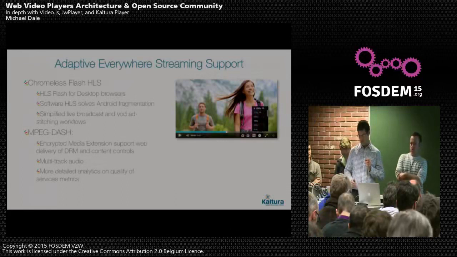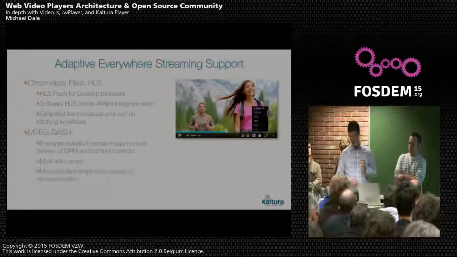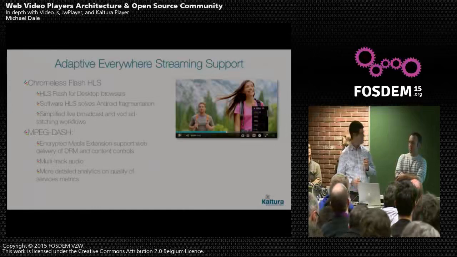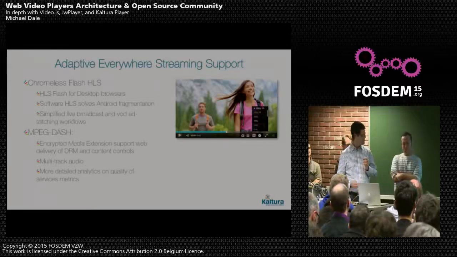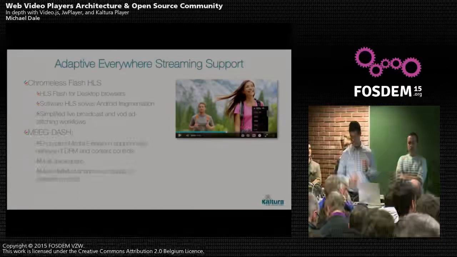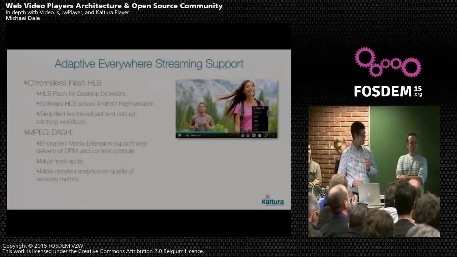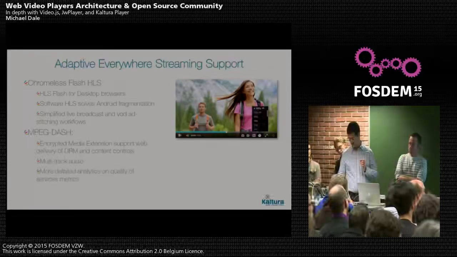And of course, MPEG-DASH, it's now going to take a big part of our life, including the DRM, such as Chrome lately disabled the Silverlight, so you must do DRM today using the encrypted media extension. So this is also a field we are getting into.